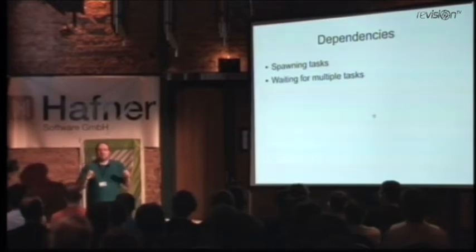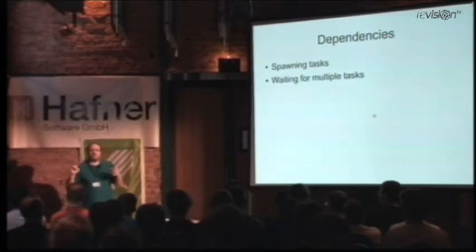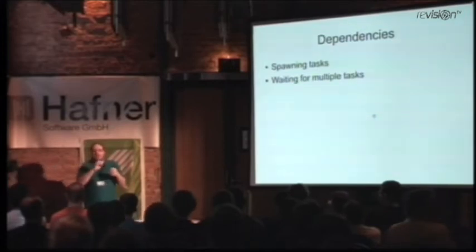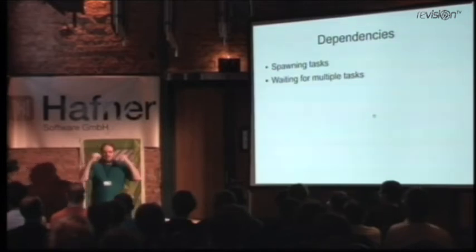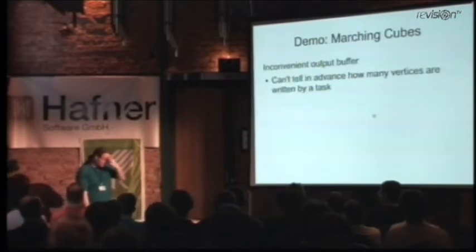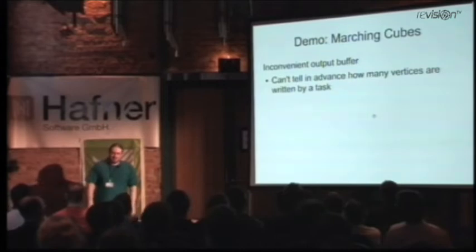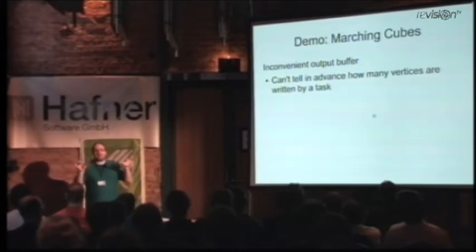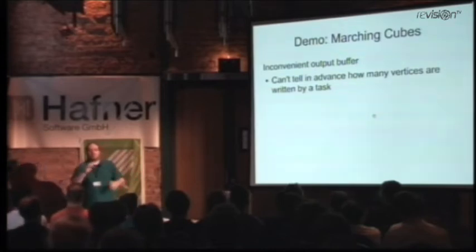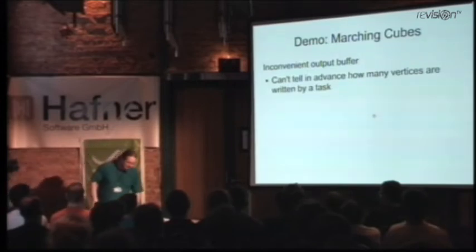It would be insane to allocate a memory buffer to each cell which can hold the maximum possible number of vertices generated. It would also be insane to have a vertex buffer generated by each cell and have thousands of vertex buffers. DirectX wouldn't like that. So we need to find a way to make all these tasks merge their data into a big vertex buffer without knowing in advance how many bytes each task will generate.